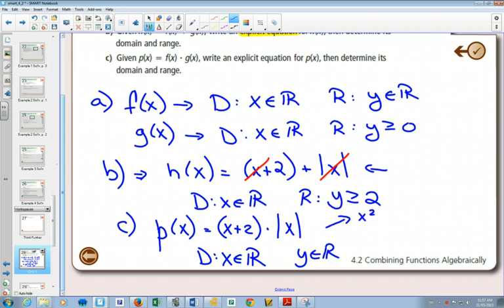It's going to be x squared plus 2x only when x is bigger than or equal to 0. And it's going to act like negative x squared minus 2x when x is less than 0. You could write that as well.